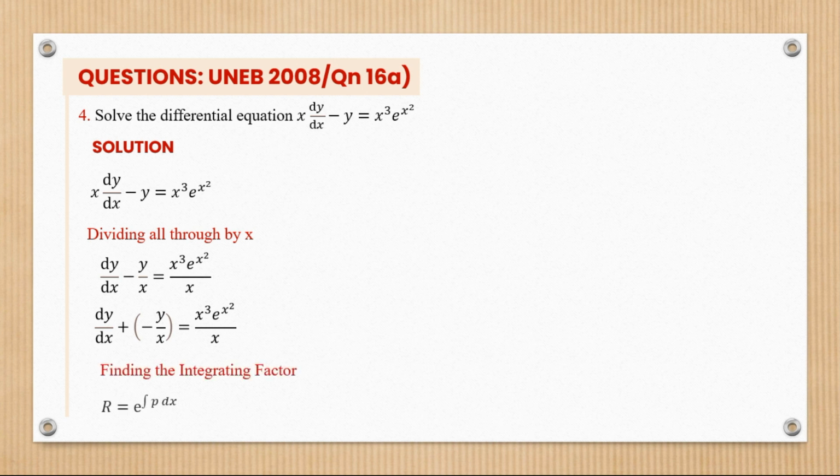So finding the integrating factor, which is r equals e to the power of the integral of p dx, we'll have the integral of negative 1 over x, which should actually be negative ln x. So taking the negative sign and making it the power, we'll have it that way, which is actually 1 over x. So we have it as e to the ln of 1 over x. Now remember that an e cancels out a ln, so we'll be left with r being equal to 1 over x.